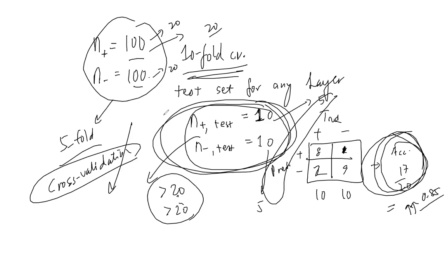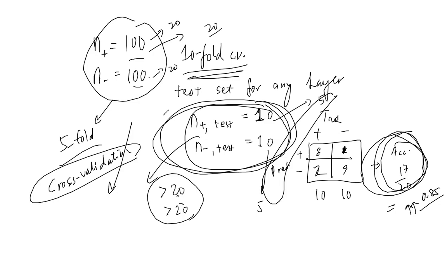Okay, so it's quite convenient. It's also a good idea to have cross-validation, because it will allow you to more reliably assess the generalizability of your classifiers for future samples. Okay.